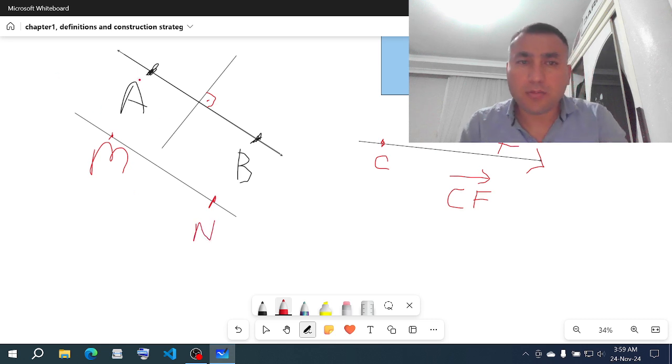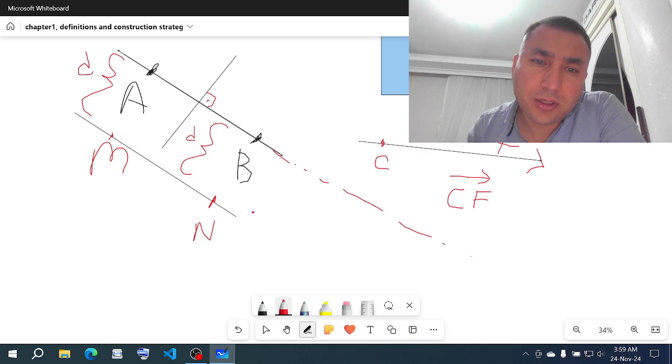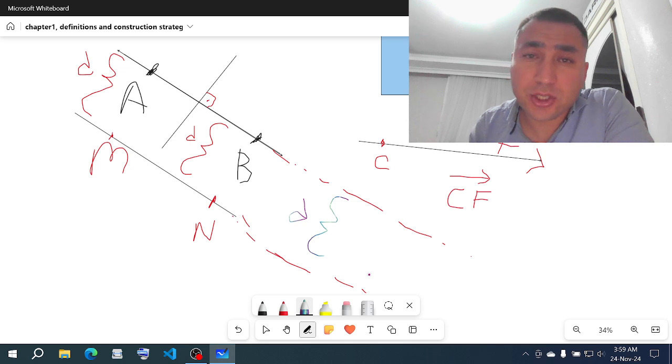AB and MN are parallel, and their distance is always the same. Let's say they have the distance D here, and the same D is always there. Even if you continue to draw, you will get the same D all the way along. They never intersect each other.